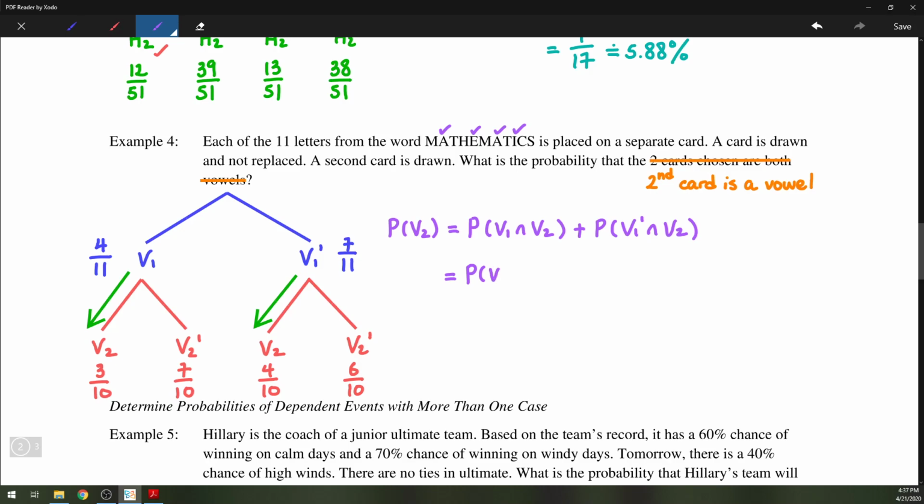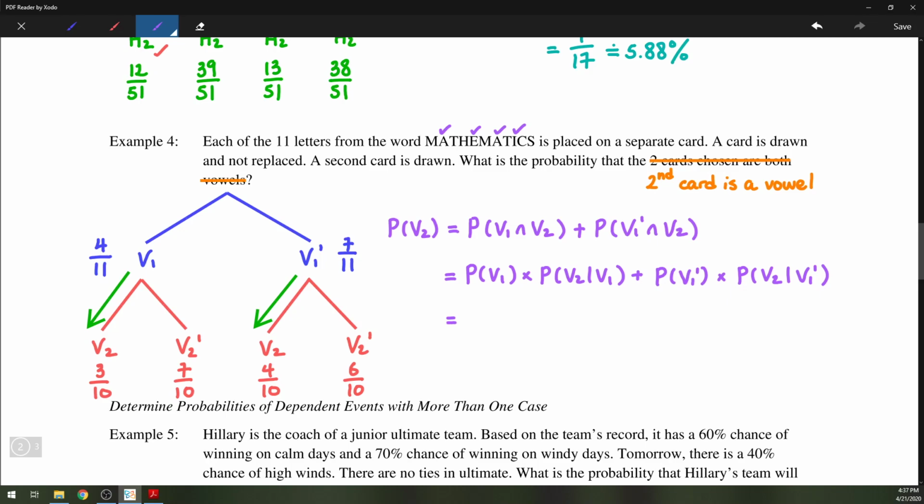We have the probability of V1 multiplied by the probability of V2 given V1, plus the probability of the complement of V1 multiplied by the probability of V2 given, once again, the complement of V1. So we have the numbers over to the left.